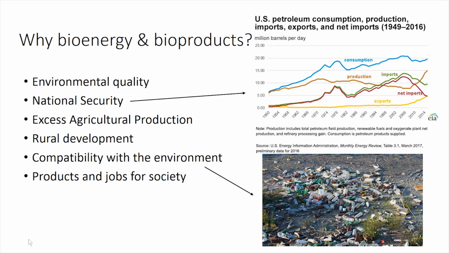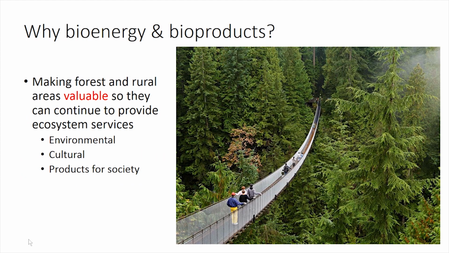I just looked at a study, and this study found that there's a preponderance of plastic particles inside the human body in the digestive tract, so these plastics don't just affect wildlife and scenery, they're actually going to affect our health. And then bioenergy and bioproducts create good jobs and products that society needs.